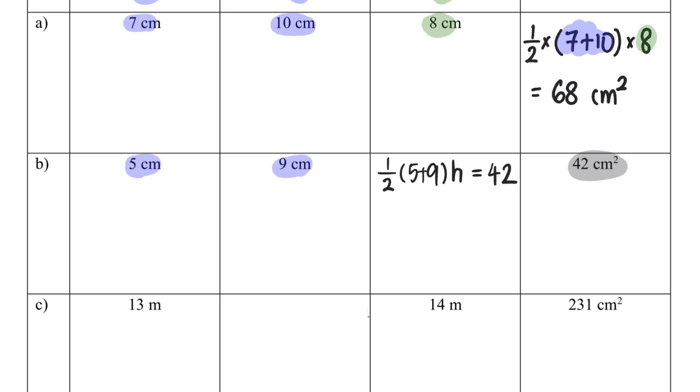So I'm going to multiply by 2 on both sides so that I can eliminate the denominator here, and my parallel sides, 5 plus 9, the sum will be 14. I still have my H here, and this one will be equal to 42 times 2.